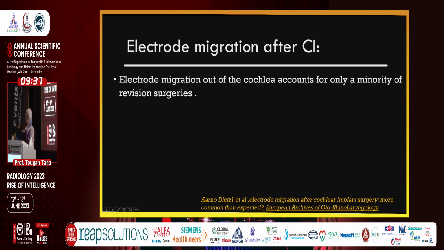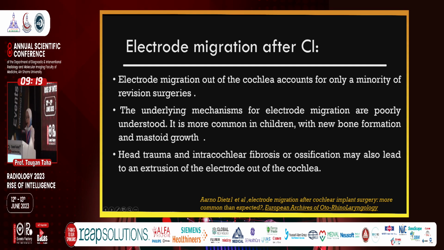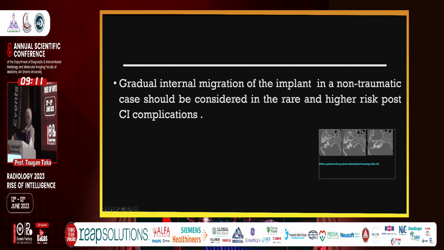Electrode migration out of the cochlea accounts for only a minority of revision surgeries. The underlying mechanisms for the electrode migration are poorly understood. It is more common in children with new bone formation and mastoid growth. Head trauma and intracochlear fibrosis or ossification may also lead to an extrusion of the electrode out of the cochlea.